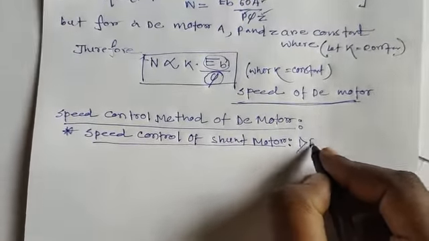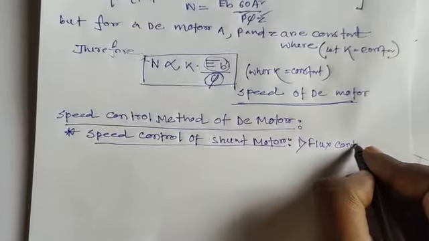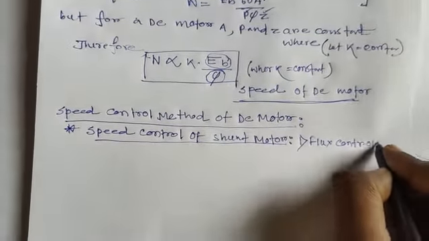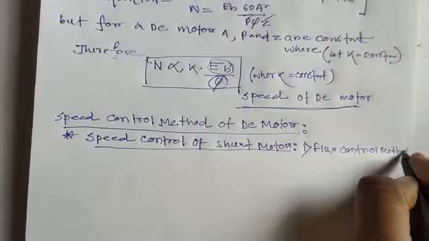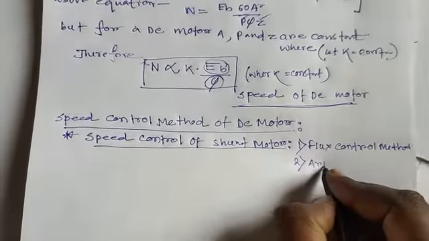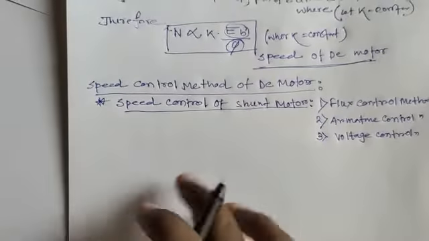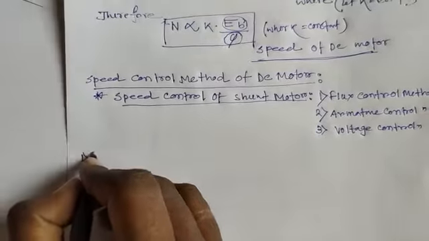First is flux control method, second is armature control method, third one is voltage control method. First I will discuss flux control method.